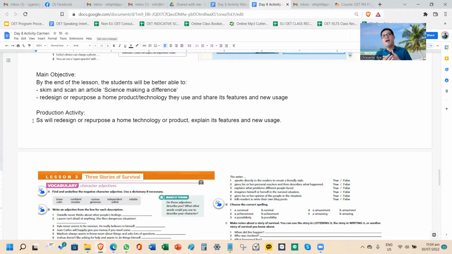But the good thing here is our evaluation form is positive. They don't criticize the way you teach, but rather they highlight the good points that you're doing. If I will be observing your class, I will only highlight the good things you're doing, and then maybe we can share how we can make things better next time.